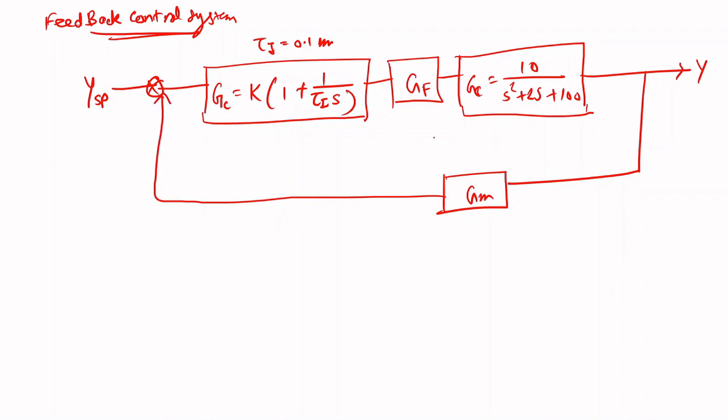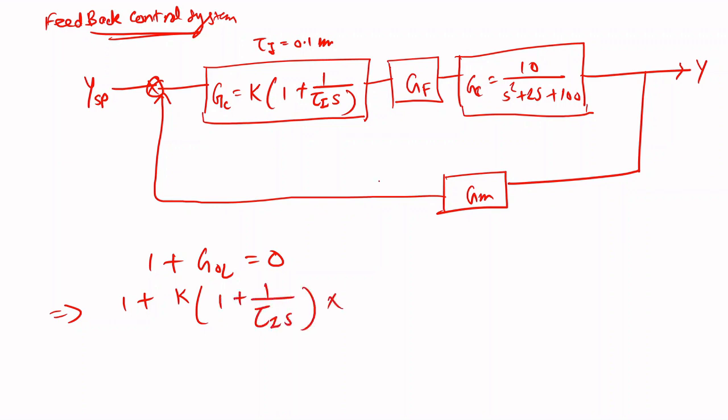So the characteristic equation for this system, you can write it as 1 plus multiplication of all these blocks in the open loop, that is 1 plus open loop transfer function is equal to 0. So that will be 1 plus Kc upon tau I S into GF. GF we have been given as 1.